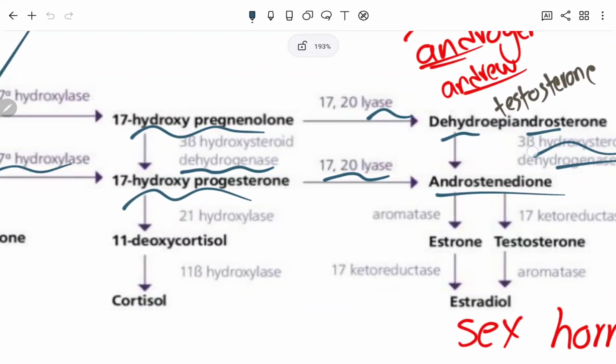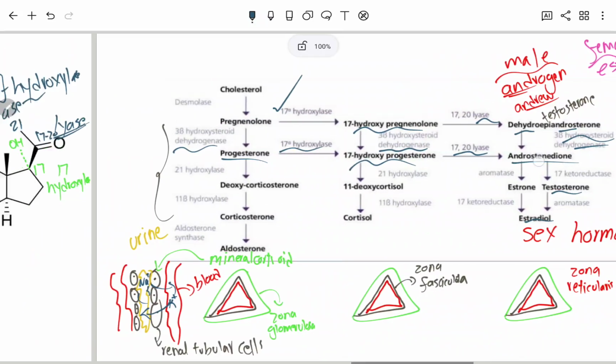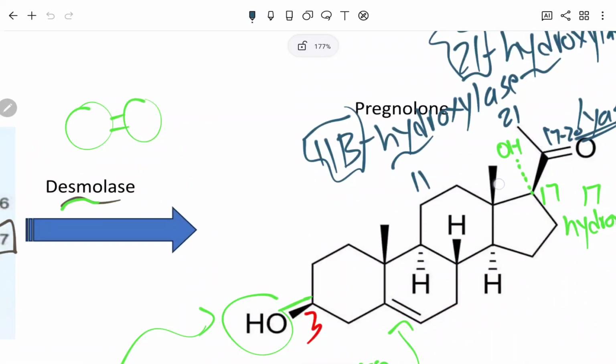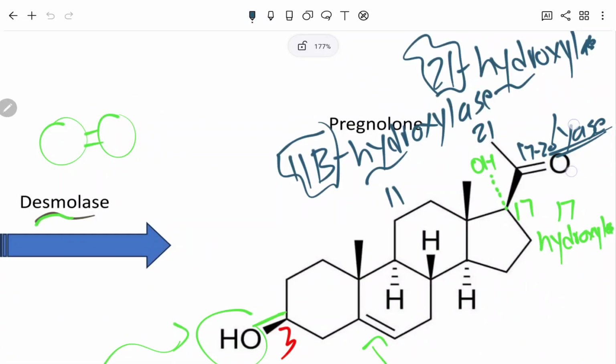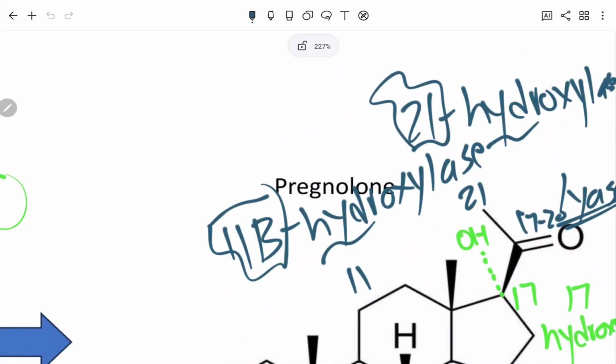You see, so what really matters is that at the end we have the androstenedione. Then this androstenedione is going to be converted into either testosterone or estradiol via the action of other enzymes. And notice something. The sex hormone, androstenedione, had its lyase step done. So we can't perform the hydroxylation step at carbon number 21 and 11.